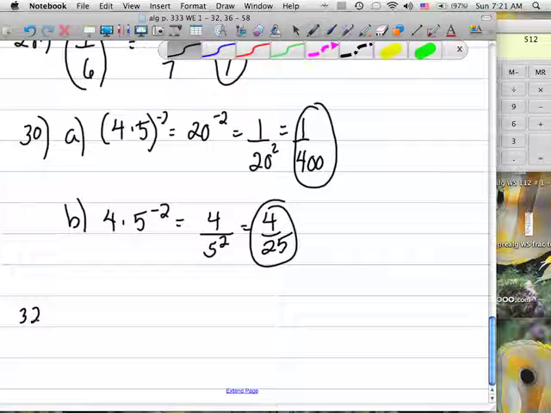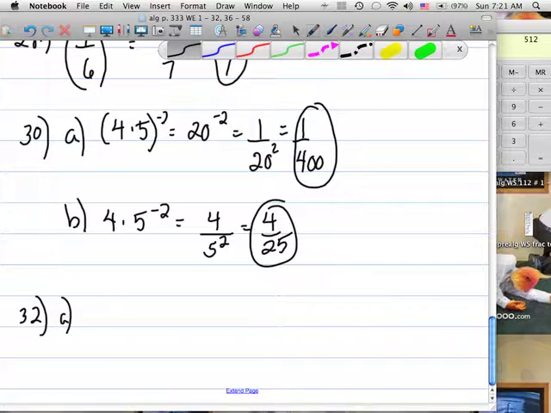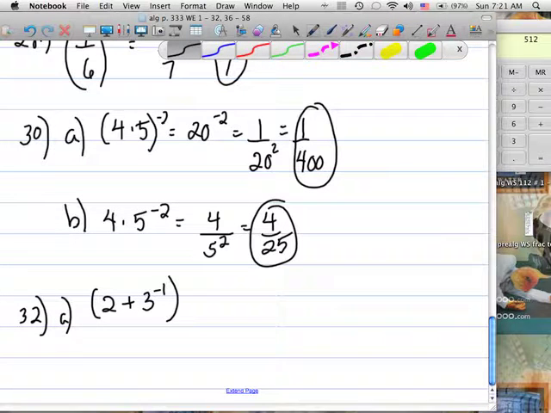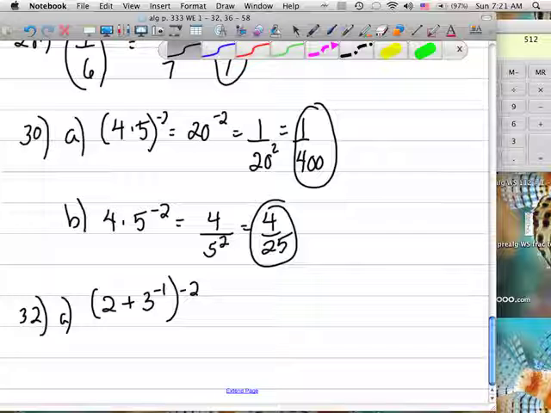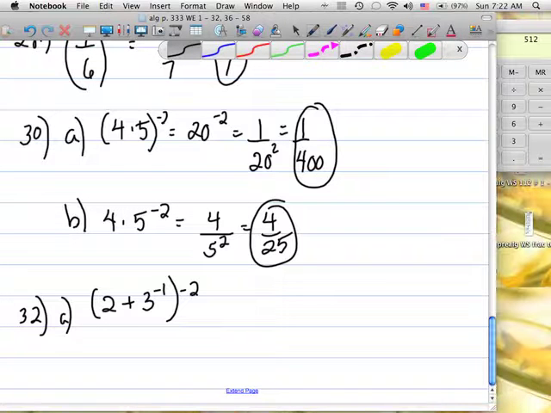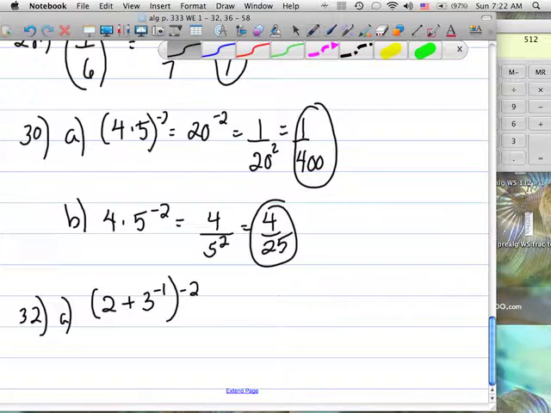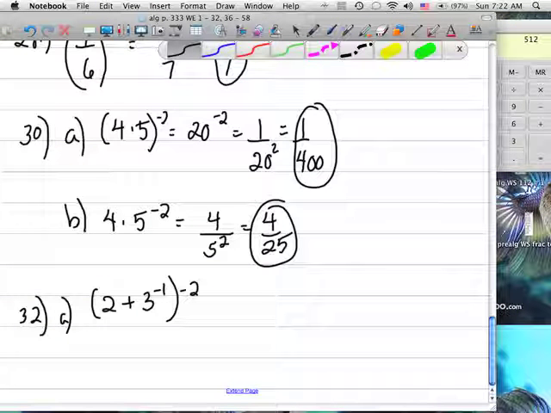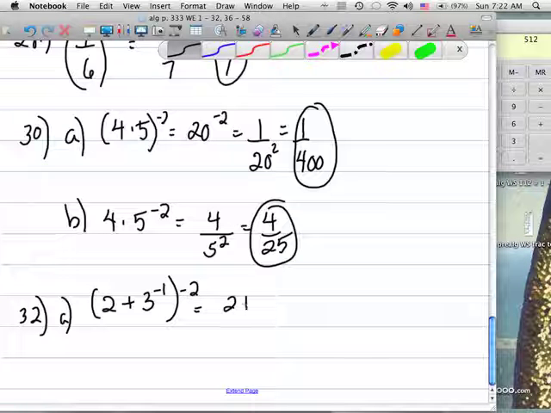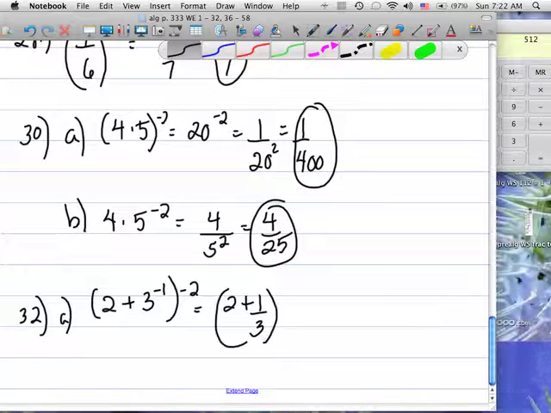And 32, we have 2 plus 3 to the negative 1 power over taken to the negative 2. Now some of you are going to make the mistake and think you can take the negative 2 power of everything inside here, but there is no rule about the sum, a power of a sum. So we actually have to work the inside out. So that's 2 plus 1/3. 3 to the negative 1 is 1 over 3 to the first.